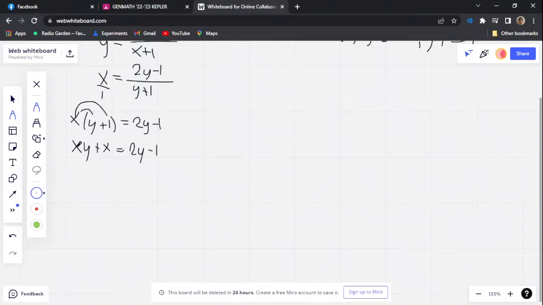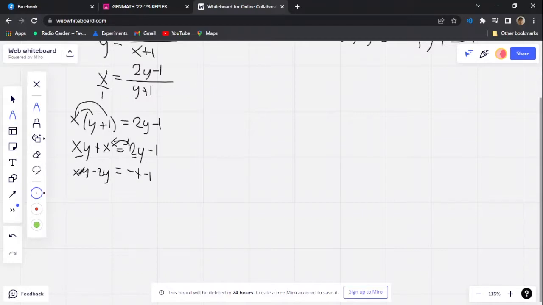So kining xy ug 2y, kining mga terms nga naay y ibalhin nato sa left. Ang mga ubang terms nga walay y, example kining x, ibalhin nato sa right para ma-isolate nato ang mga terms nga naay y. So we would have xy, balhin nato ang 2y, so mahimo na siyang negative 2y is equals to, balhin na nato ang x sa pikas, we would have negative x minus 1.